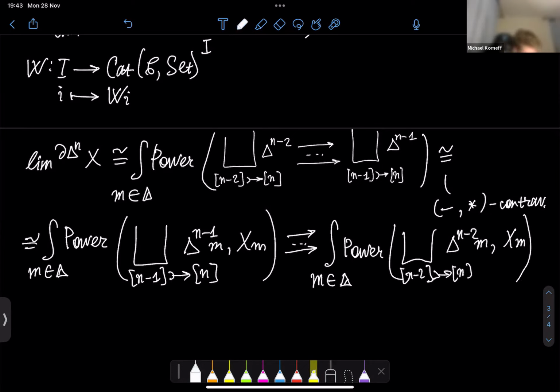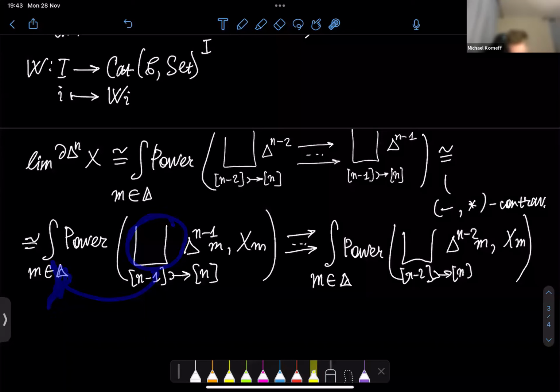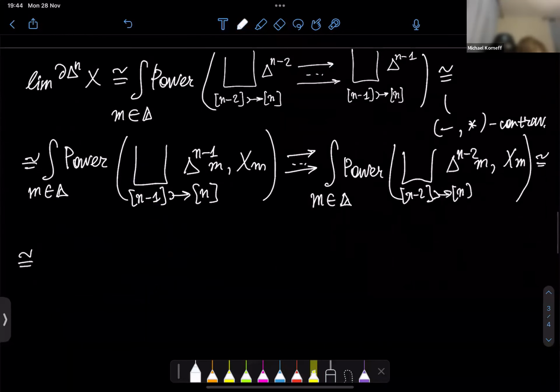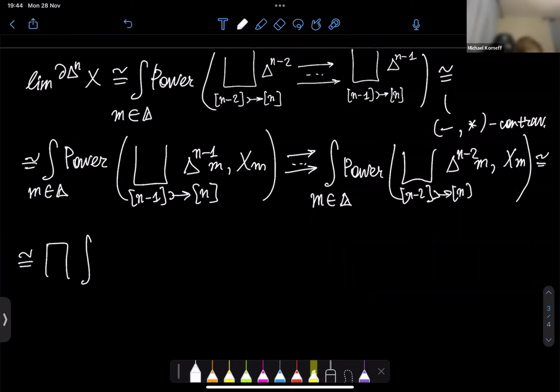After that, we can move this coproducts symbol out of the power, and thus we will obtain a product of ends.